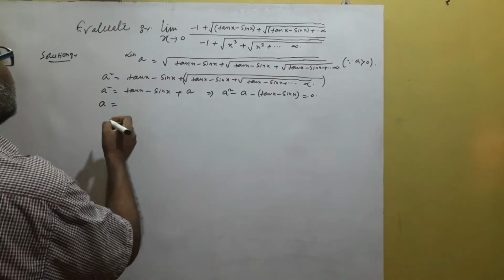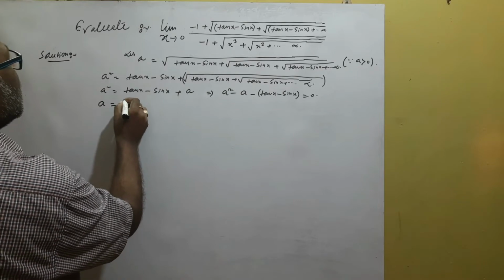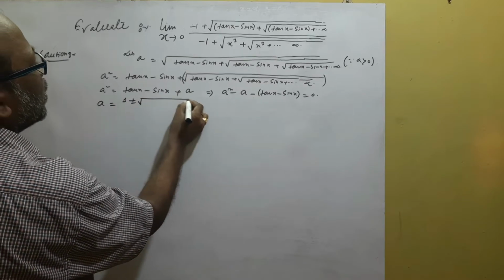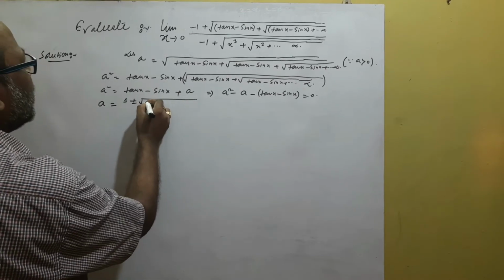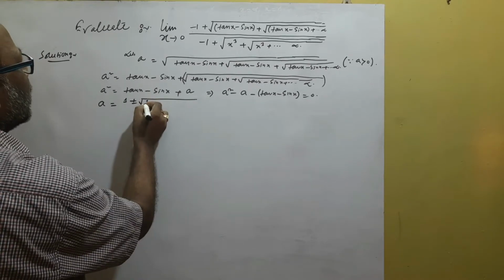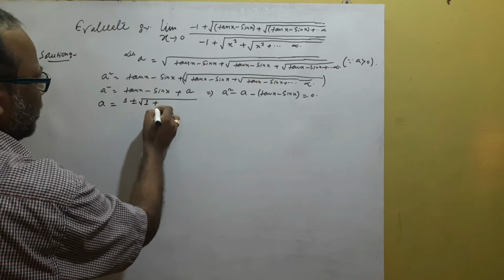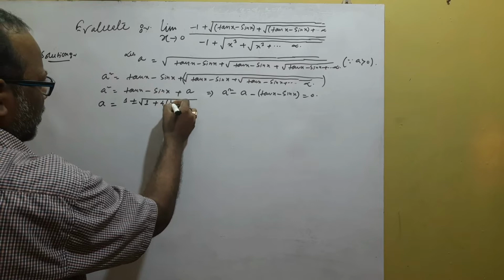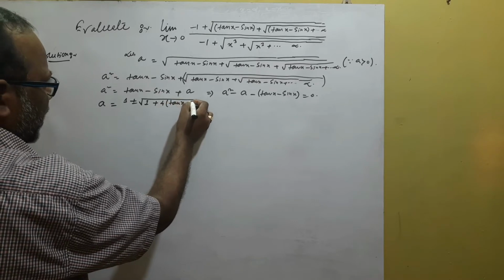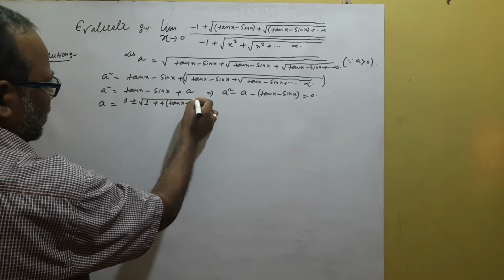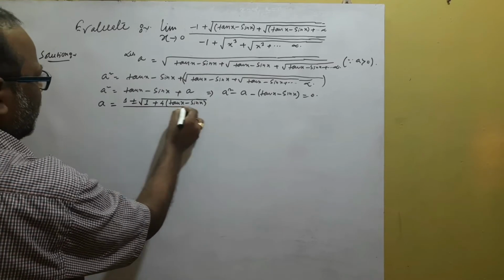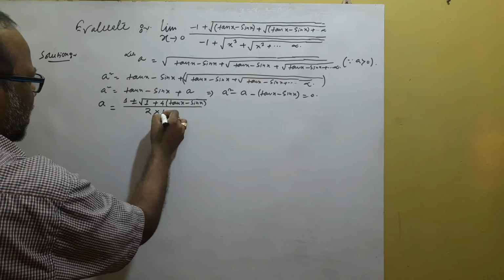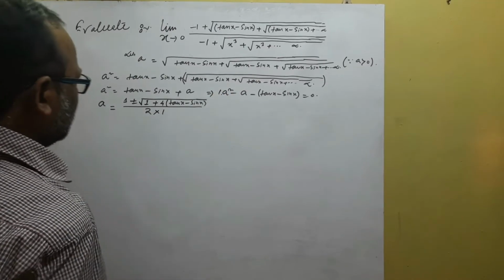So now we apply the formula: a is equal to minus b plus minus root over b square minus 4ac, where b square is 1, c is minus (tan x minus sin x), so minus 4ac gives plus 4 times tan x minus sin x, and whole divided by twice a, that is 2.